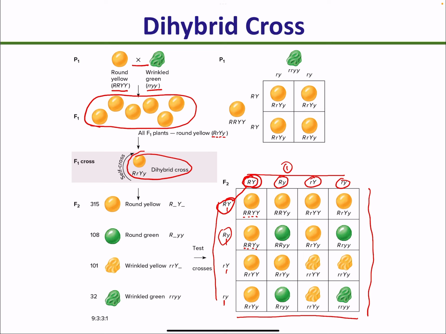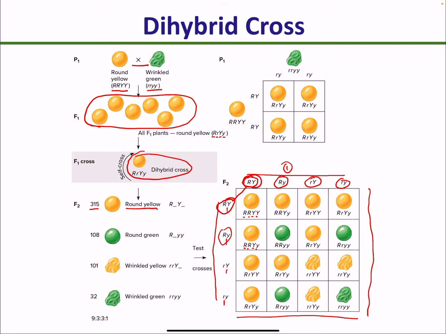Now, focusing on the phenotypes, we see that for one experiment that Mendel ran, he noticed that in the second generation, he had 315 individuals that were round and yellow.